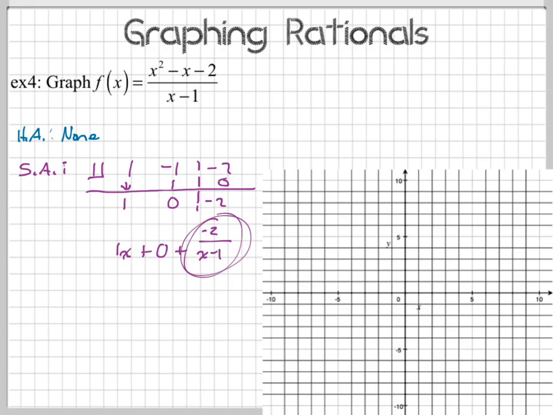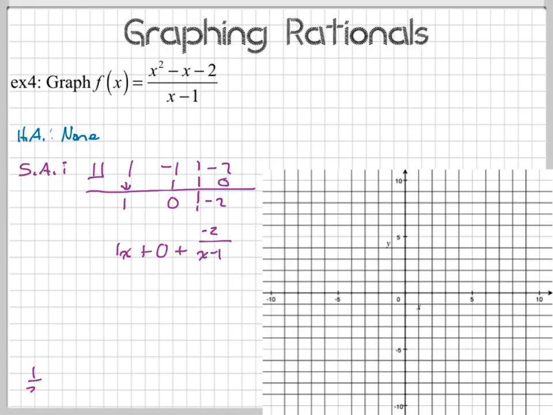Now, we don't care about this, because as x gets bigger and bigger and bigger, this approaches 0. As it gets bigger and bigger, this whole fraction approaches 0, which makes sense because if the number on the bottom is getting really, really big, it's becoming a smaller and smaller number.